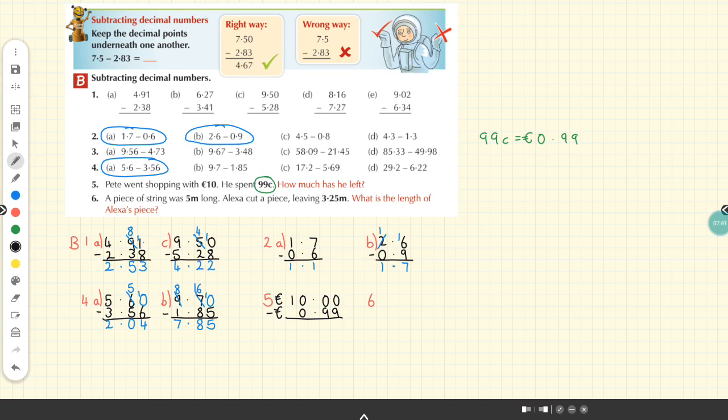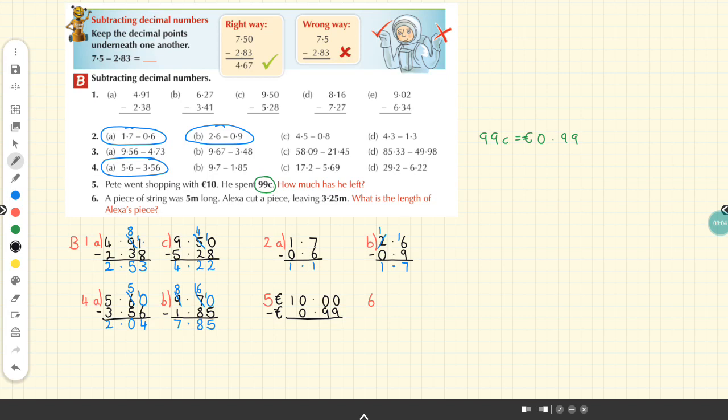And then for 6, a piece of string was 5 meters long. Alexa cut a piece, leaving 3.25 meters. So what is the length of Alexa's piece? So we know it was at the start 5 meters long, and we know now that it's 3.25 meters long.